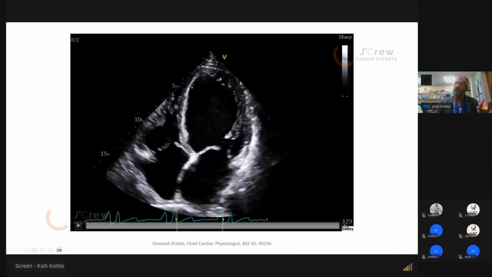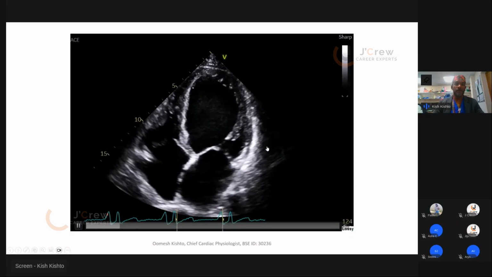So this is more due to the dilatation of the LV cavity that's causing the apparatus not to close. Hence, we're getting the amount of regurgitation. So you just do it by describing all this.